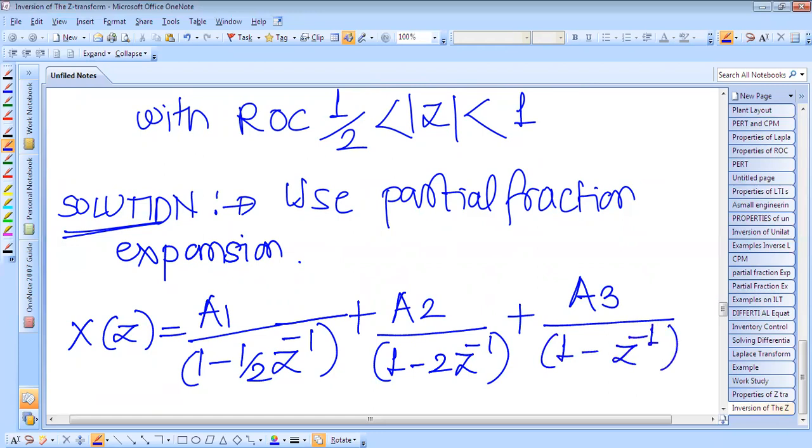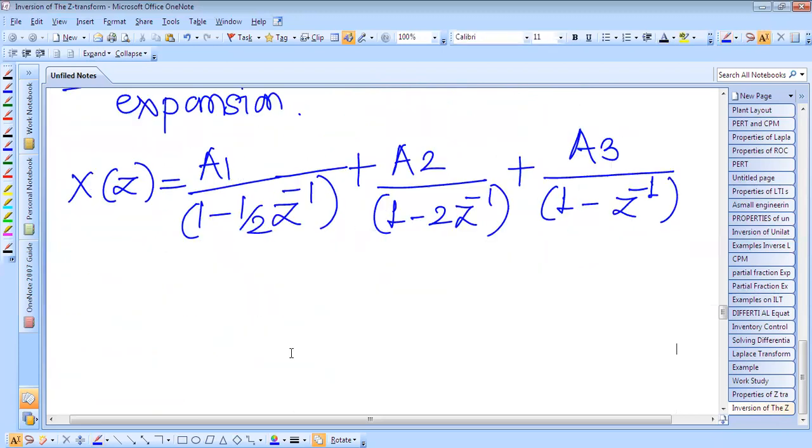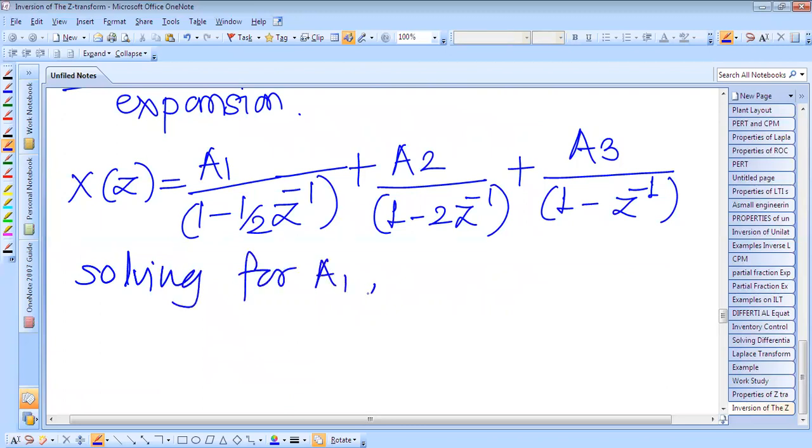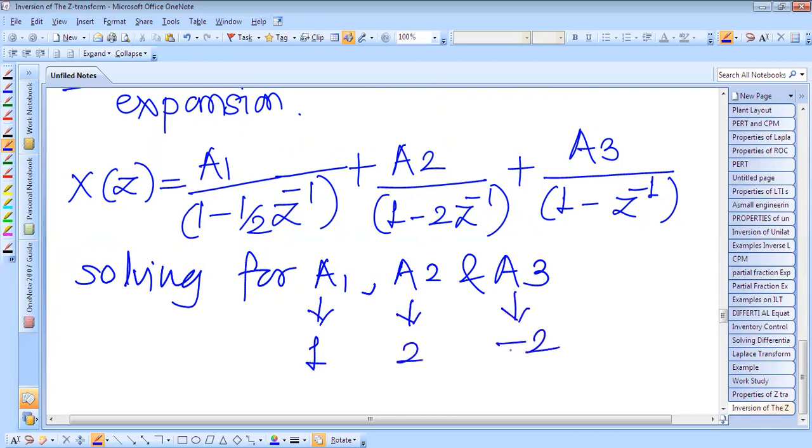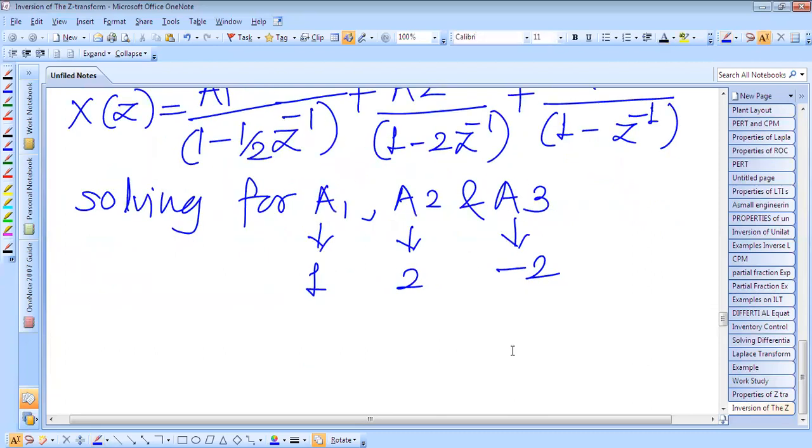After solving for A1, A2 and A3, A1 is 1, A2 is 2 and A3 is minus 2. So just by using the partial fraction we find these coefficient values.